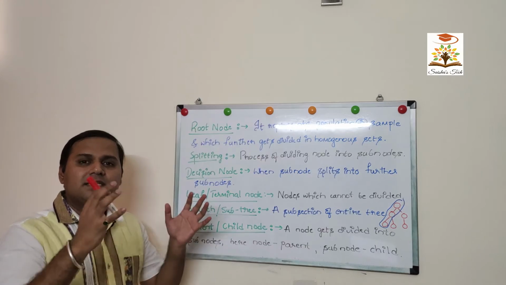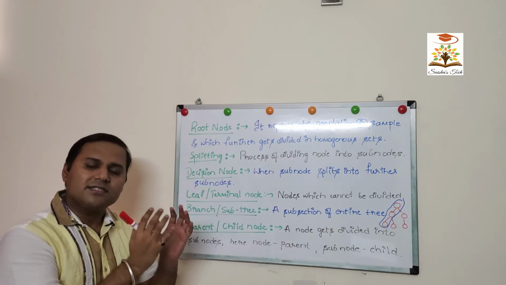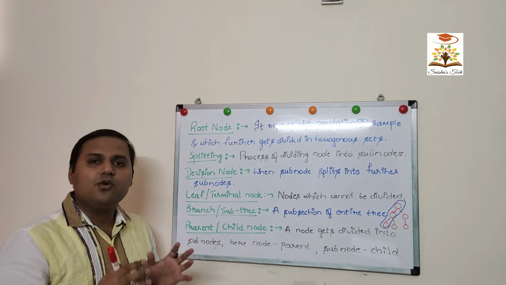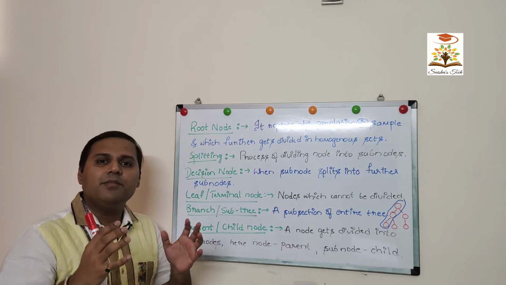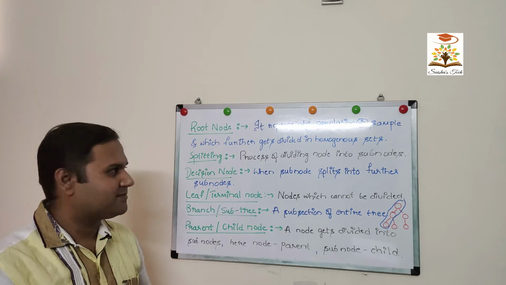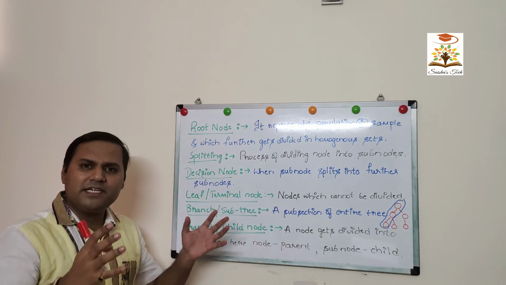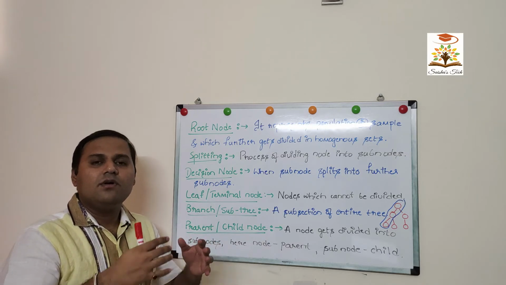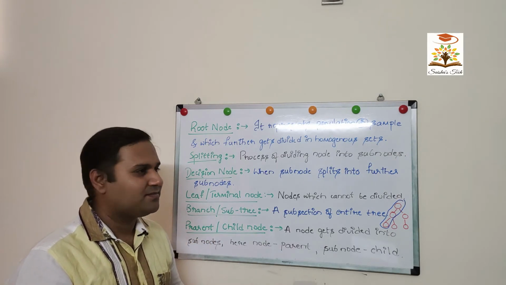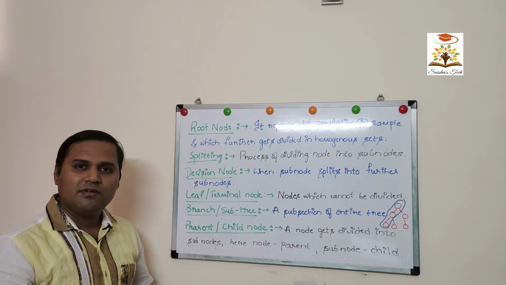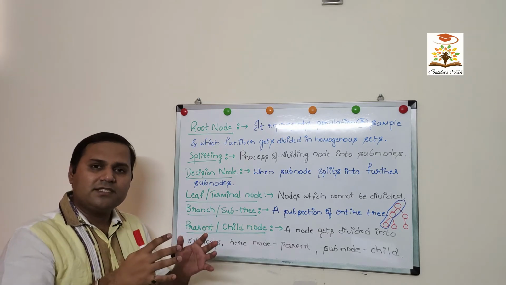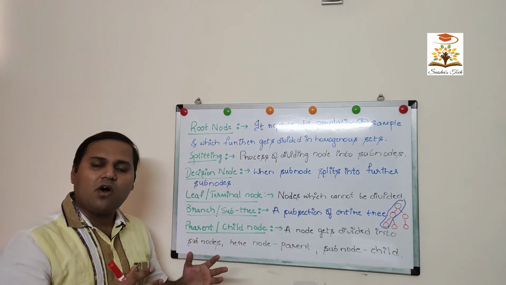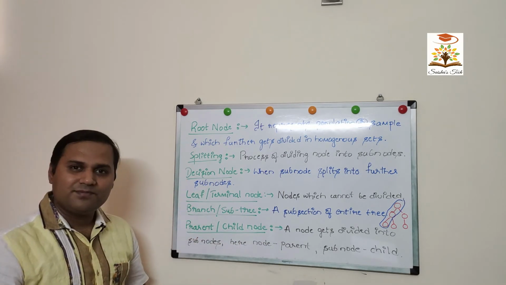Root node represents the entire population or a subsection of a population which further gets divided into homogeneous sets or minimum impurity sets. Splitting. Splitting is a process wherein you divide nodes into further subnodes. Decision node. When a subnode splits into further subnodes, the initial subnode is called a decision node.